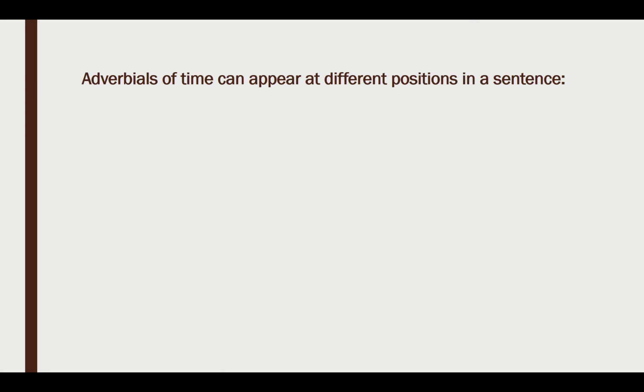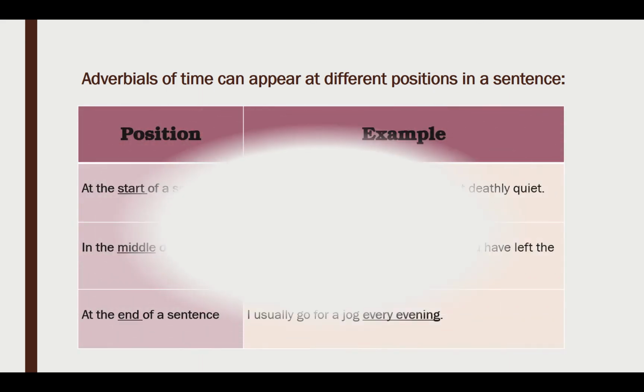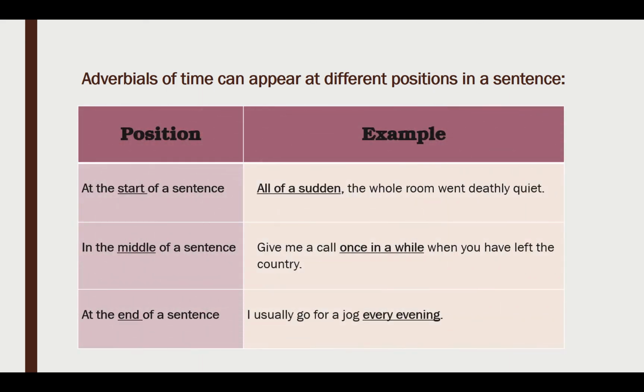Right. Next, adverbials of time can also appear at different positions in a sentence, as you can see right here in the table below. It can actually appear at the start of a sentence. For instance, all of a sudden, the whole room went deathly quiet.